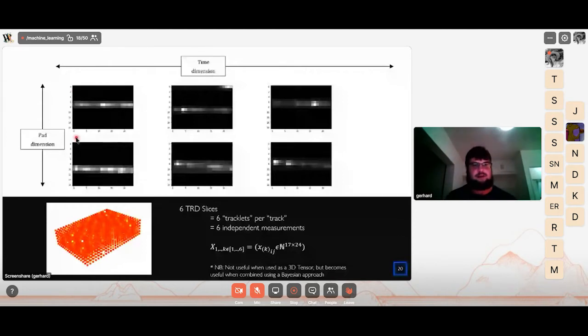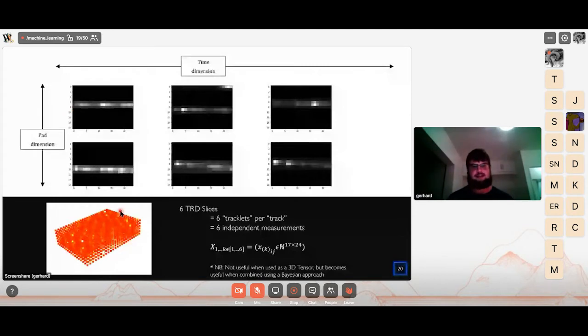But yeah, essentially the data looks like this. For each particle you have these 6 signals, 6 independent measurements, and as I mentioned, you've got your space dimension here. We took a very wide window to ensure that we actually obtained the particle that we were interested in. And then we've got our time bin samples along this axis. So you can imagine that this is the peak.